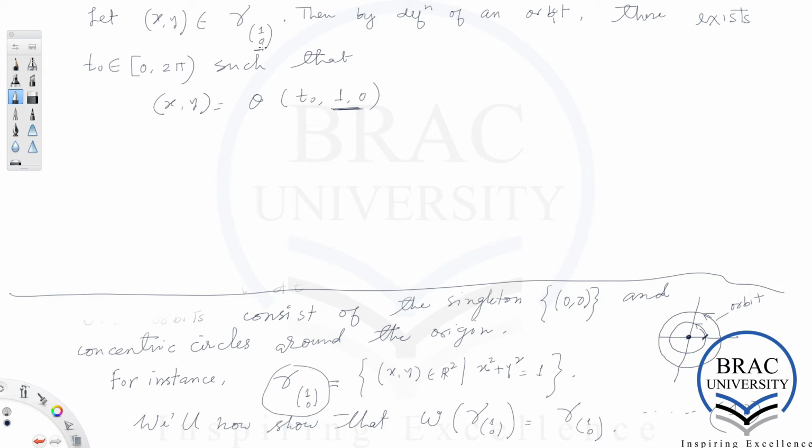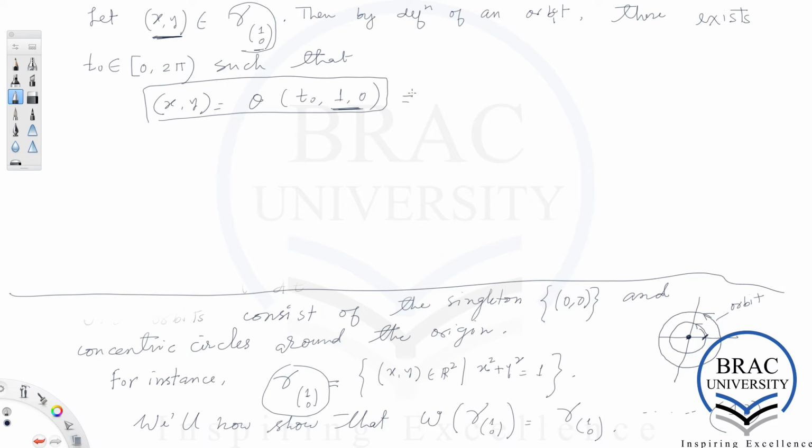So if (x, y) belongs to this orbit of the vector (1, 0), then (x, y) has to be this for some t0 lying between 0 and 2 pi, and this is from the definition of the flow map that we are considering.